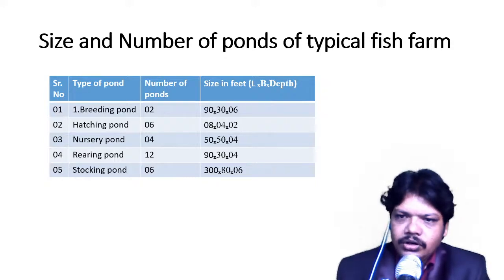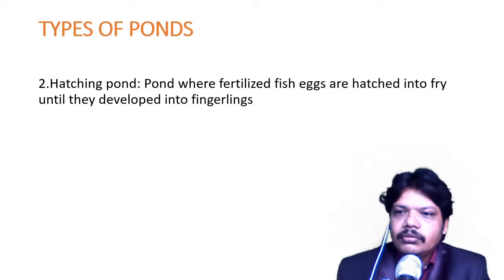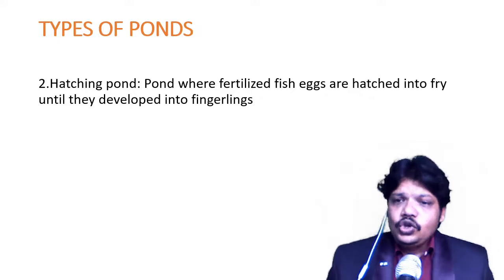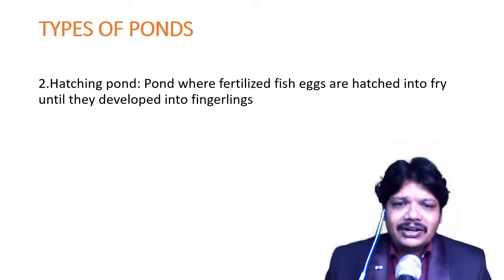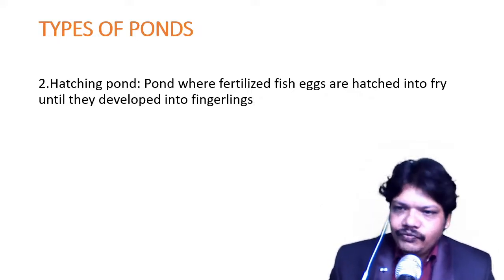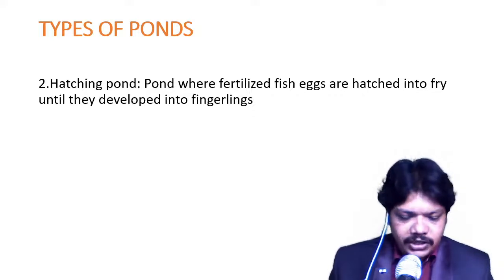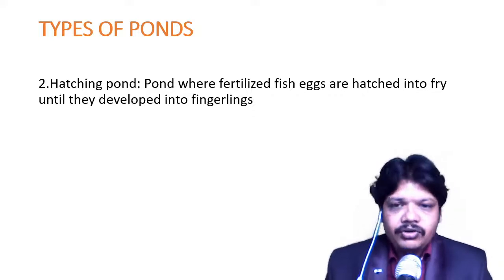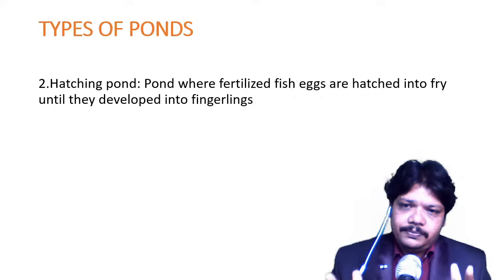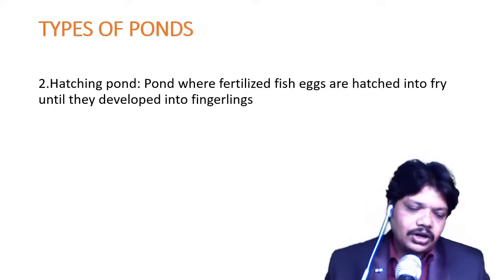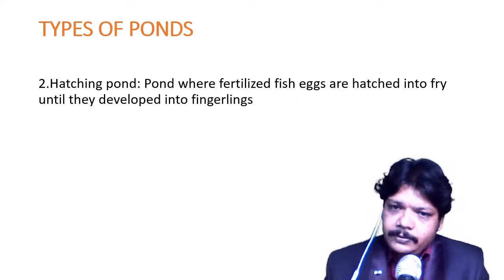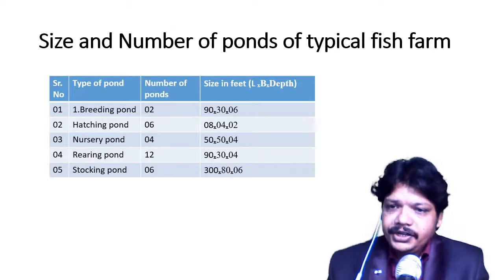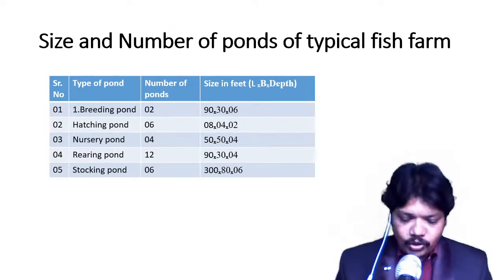Now we'll go to the hatching pond, where fertilized fish eggs are hatched into fry until they develop into fingerlings. After the breeding pond there should be a hatching pond.